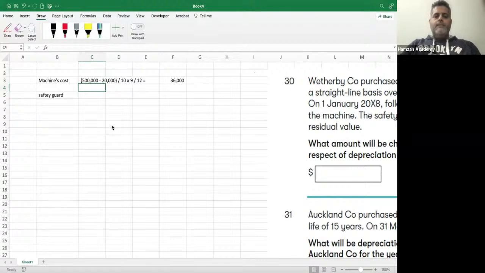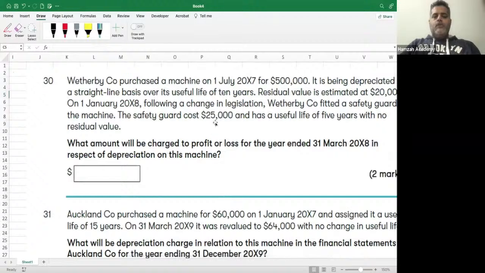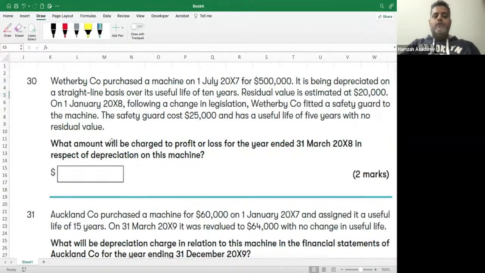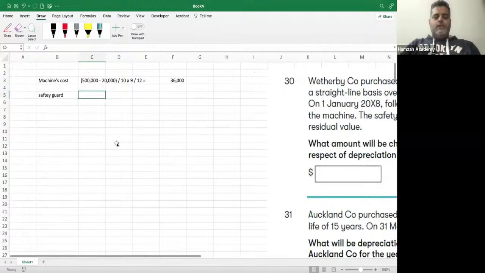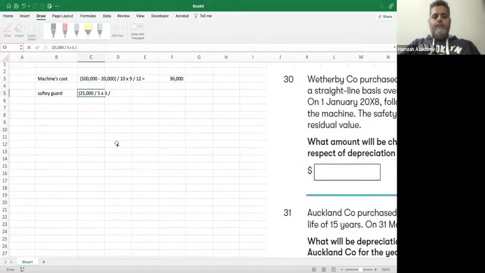So that's going to be 36,000 over here, right? Then we have the safety guard. The safety guard had a cost of 25,000, life of 5 years, from the 1st January. So January, February, March, 3 months. So that's going to be 25,000 by 5 years into 3 by 12.